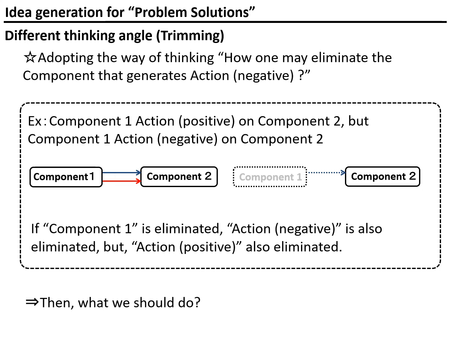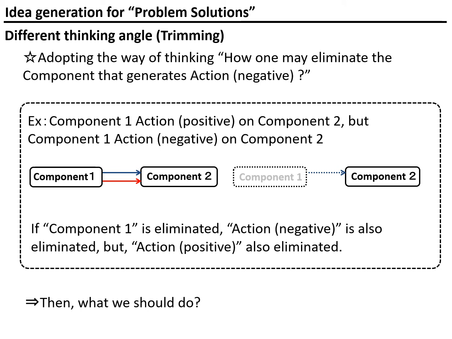Then a different way of thinking is called trimming, adapting the way of thinking for how one may eliminate a component that generates a negative action. The strategy of the thinking is like this. For example, component 1 is positively acting on component 2, but component 1 is also negatively acting on component 2. So just imagine what happens if you eliminate component 1.